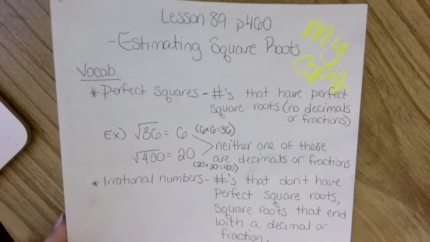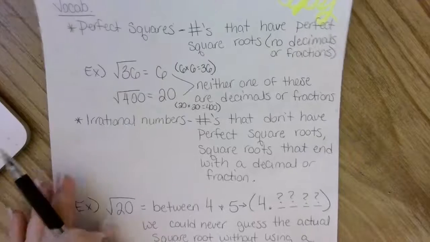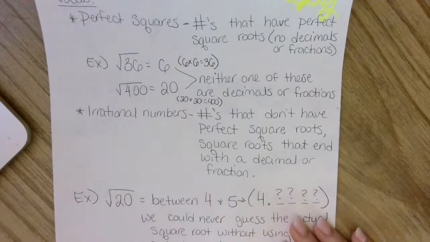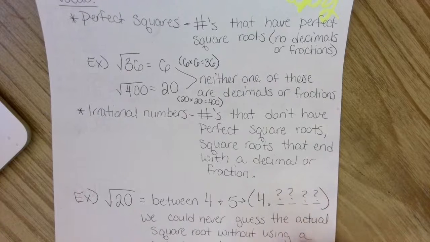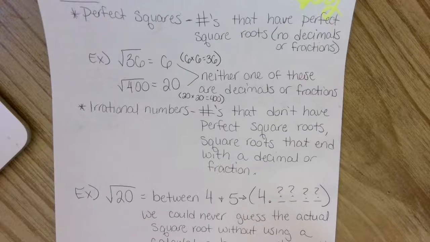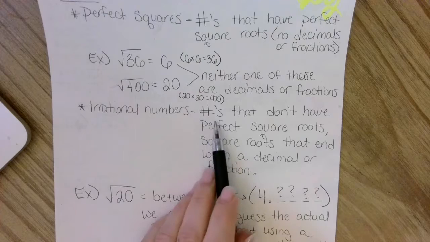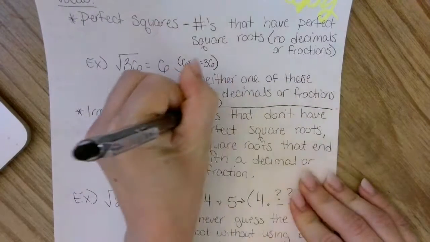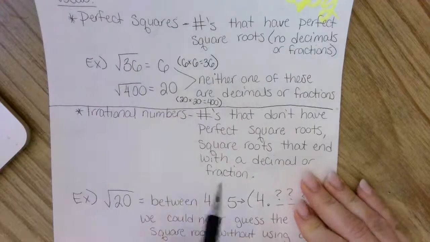Now, let's talk about irrational numbers. And irrational numbers are probably going to drive a few of you nuts because you want the exact answer. Unfortunately, irrational numbers do have an answer, but it takes a long time to get there without a calculator. So there's actually a simple way that we're going to write our answer. I'm going to just draw a line right here to separate perfect squares and irrational numbers.